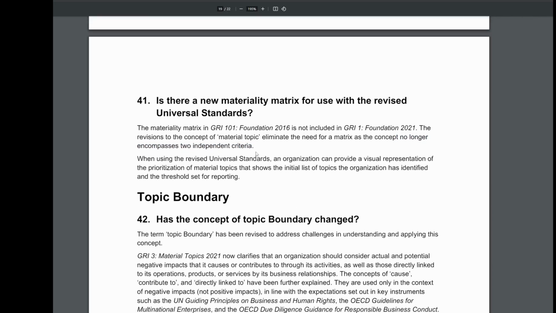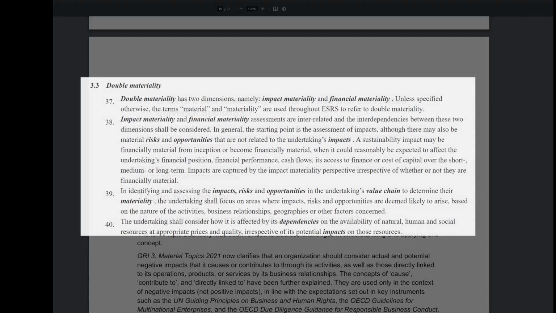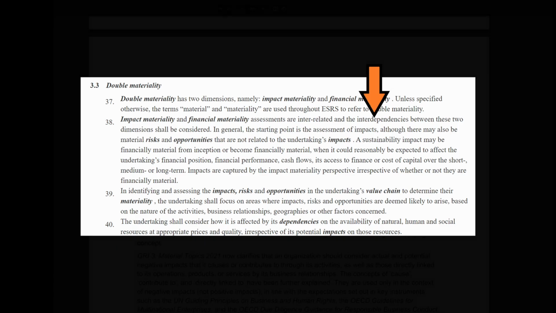The GRI has dropped the use of the materiality matrix because under the GRI regime, materiality is no longer encompassing two independent criteria. Now, for the ESRS, we know that the two primary perspectives are not independent of each other. They are, in fact, explicitly interdependent.